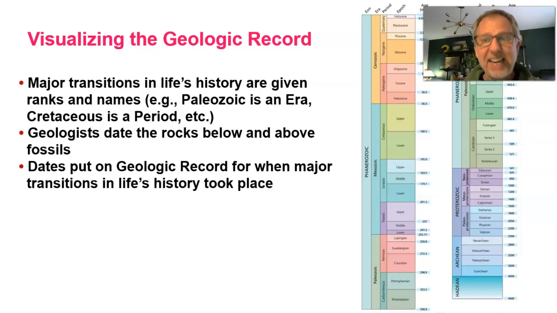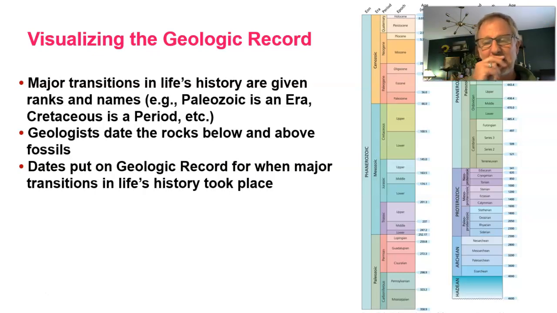And we have dates on those transitions, and those are the numbers that you see in this figure, the numbers of millions of years ago that these transitions took place. The transitions are identified by the fossil record. We can tell by looking at the layers of rocks, from the younger rocks down to the older rocks, what the transitions were and where they were in the layers of strata of rock. So we can identify how long ago those transitions took place.